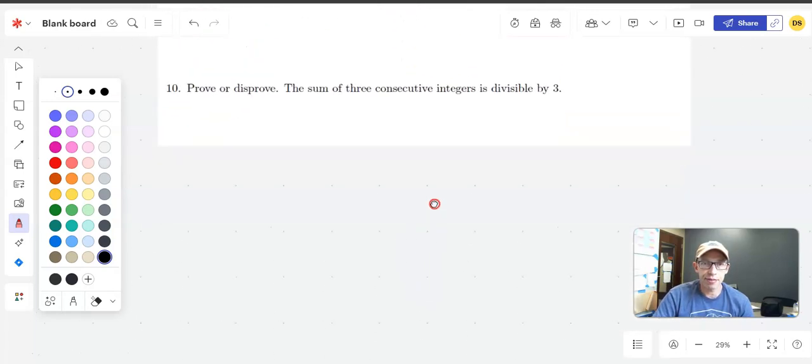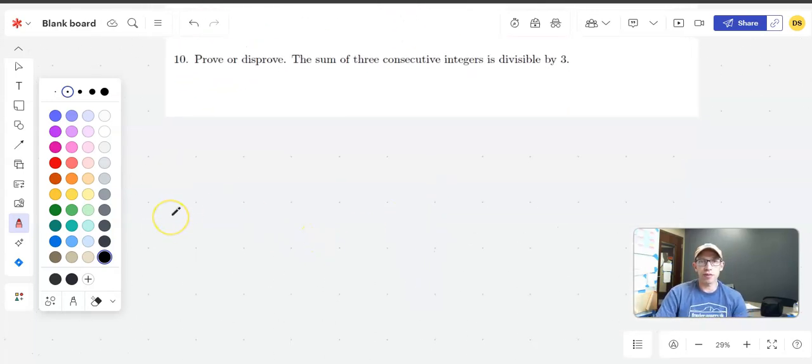All right, prove or disprove the sum of three consecutive integers. So let x be an integer. So we're letting x be any integer, negative, 0, positive, doesn't matter. Then we want consecutive integers at this point.